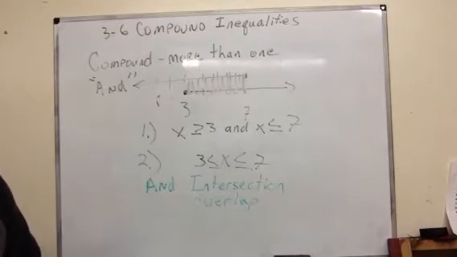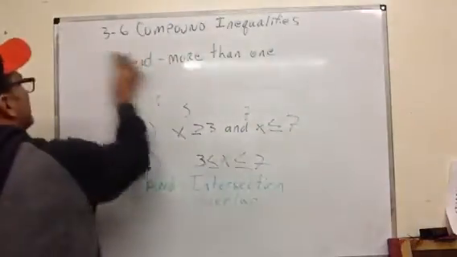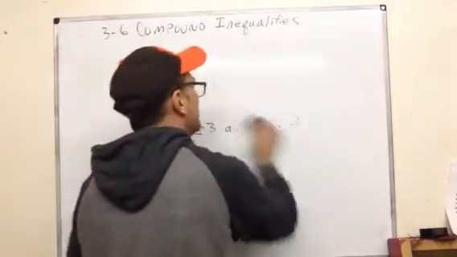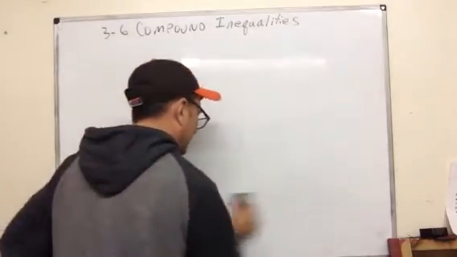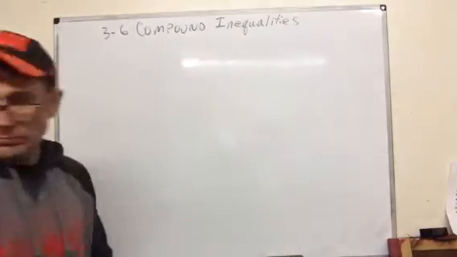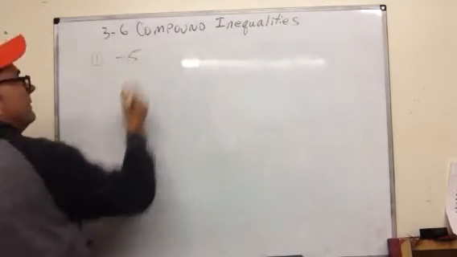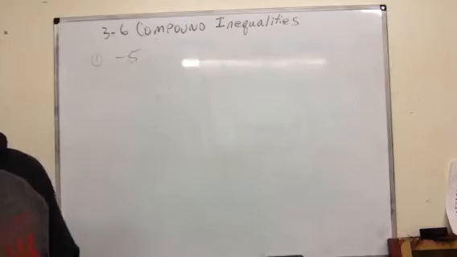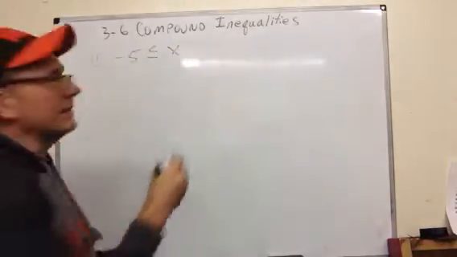So let's look at some of these. I gave you some examples in your notes, and we're talking about ands. We want to think about how we are going to graph these statements. Number one was -5 less than or equal to x, and then less than 10.